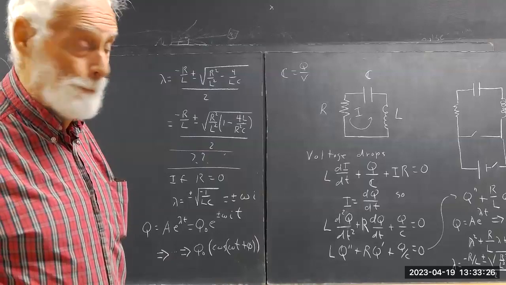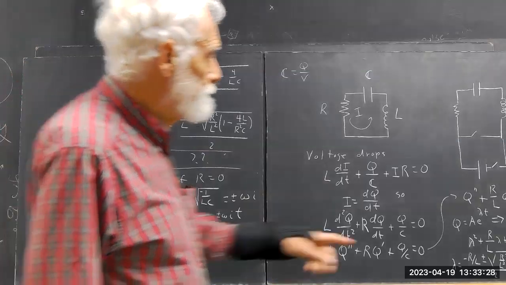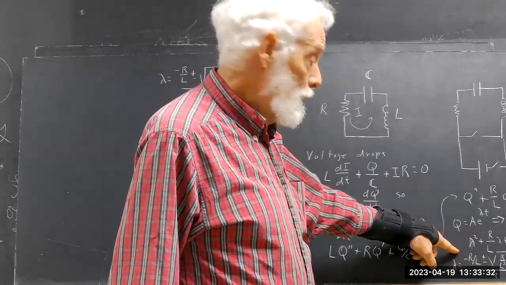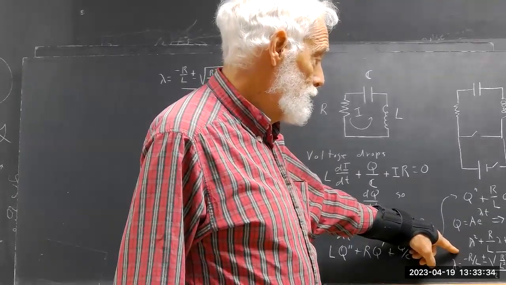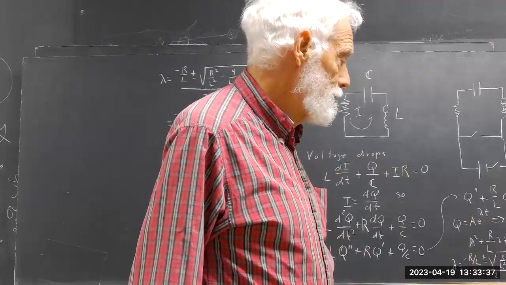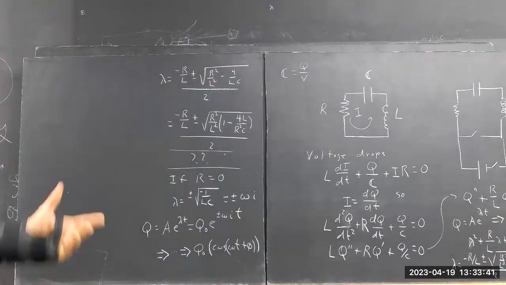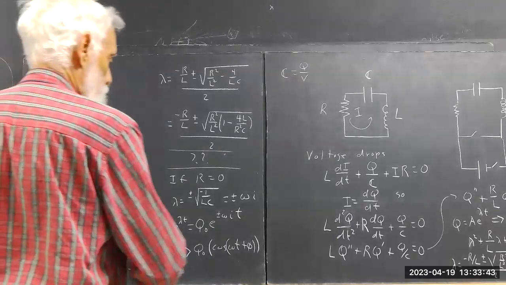Okay. If you've got resistance in it, then you have an attenuation. You have a factor out here, and you're going to get something like 1 over the square root of LC, but somehow they're working out. But I haven't really figured it out.